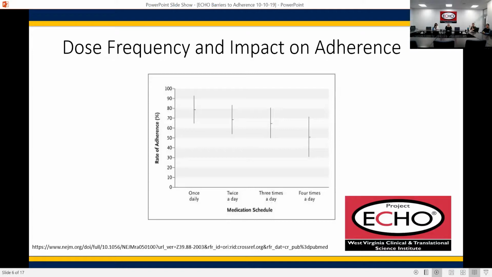It's once versus twice, 3 or 4 times daily regimens that these patients are taking. As you can see, where it's a once daily regimen, it's about 80% adherence, versus the more times a day they have to take the medication, we see lower adherence rates around 50%, with one reported at 30 to 70% adherence. So it decreases dramatically when the complexity of the regimen increases.